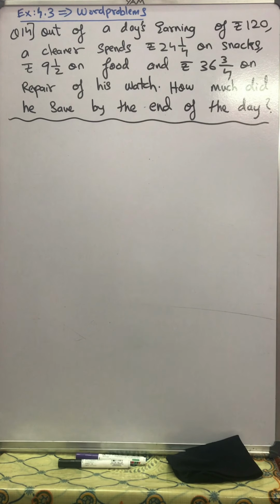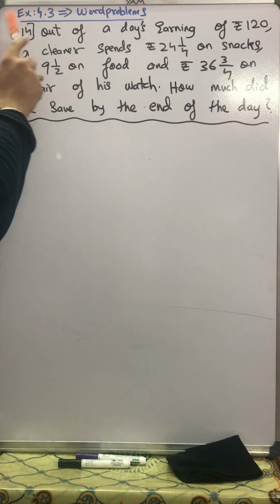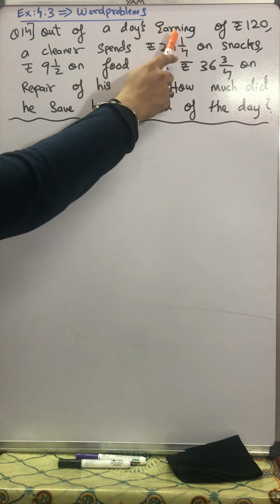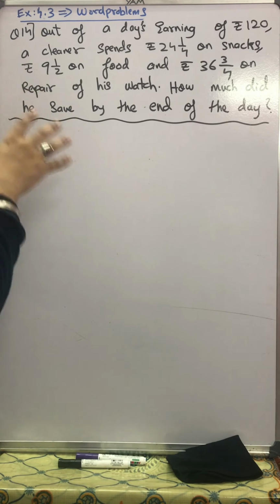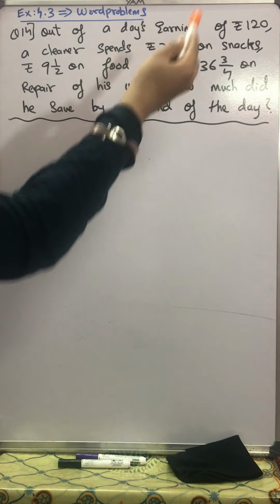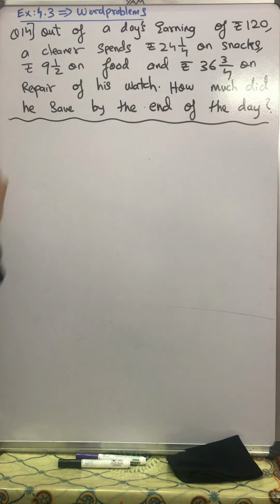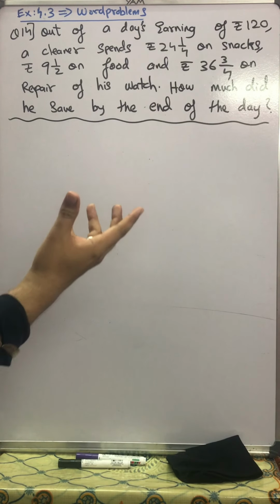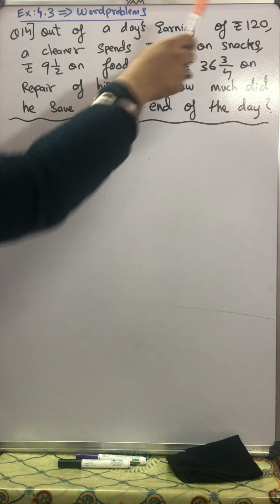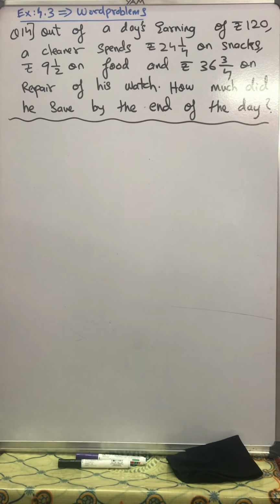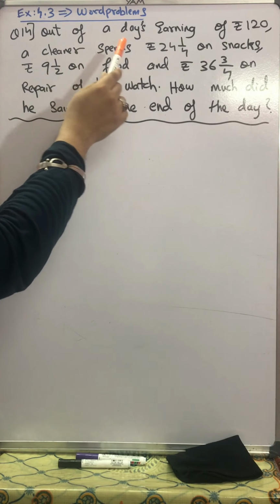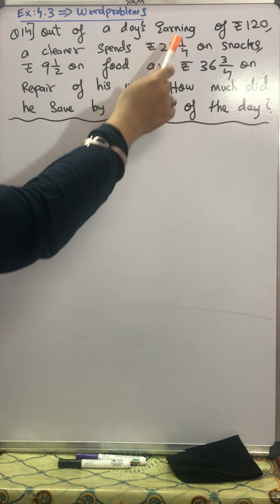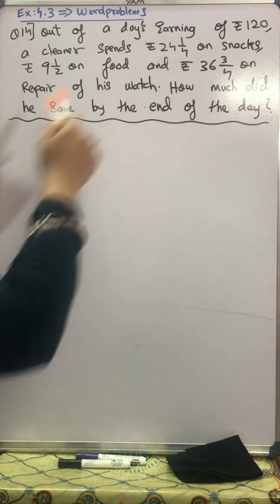Students, next question on the board. Question number 14. Out of a day's earning of rupees 120, a cleaner earns rupees 120 at the end of the day after doing his job. Out of a day's earning of rupees 120, a cleaner spends rupees 24 1/4 on snacks.